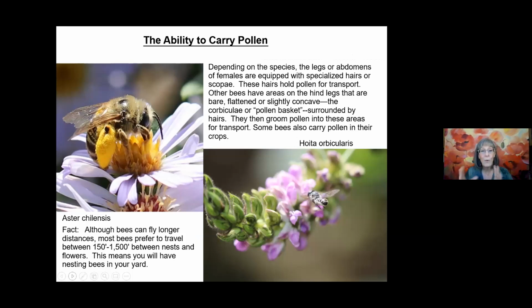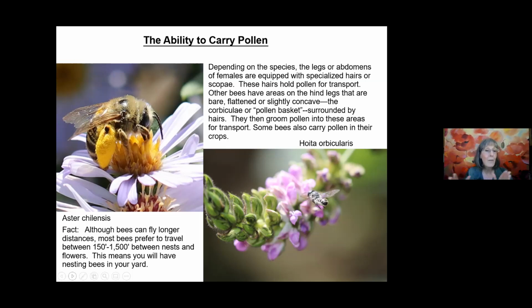The ability to carry pollen. So as I mentioned before, bees spend most of their time out foraging, and bees don't like to travel super far to get to the food and back to the nest. If they have a choice, and if there's abundance close by, they will nest close by. So if you have abundant resources, you will have nests, because it just decreases the amount of time flying.